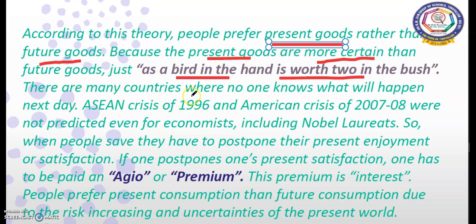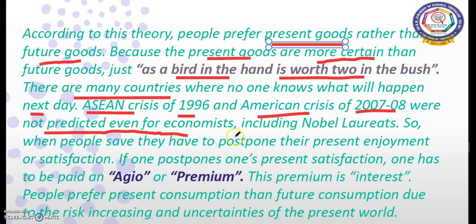There are many countries where no one knows what will happen. Often they may suffer from various natural disasters. No one knows what will happen the next day. For example, we can take the Asian crisis of 1996 and the American crisis of 2007-8, which were not predicted even by economists, including Nobel laureates.